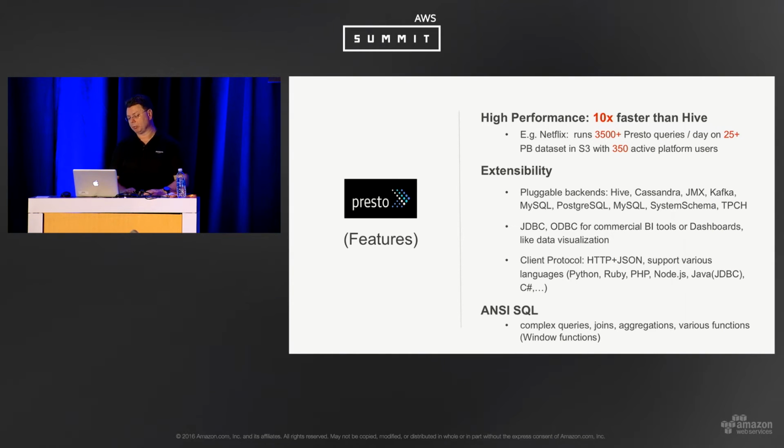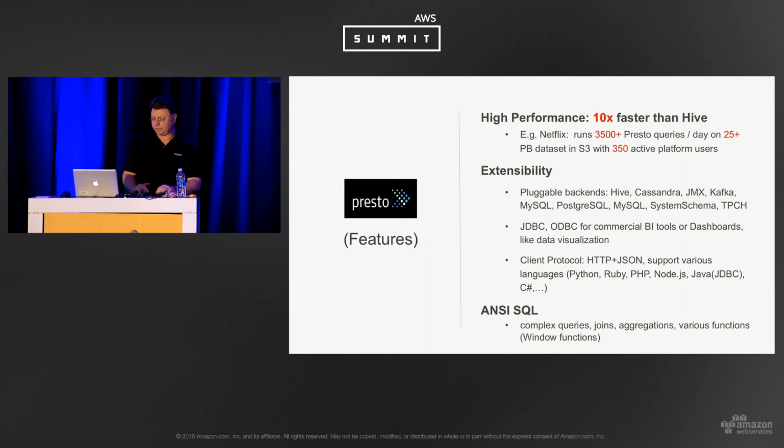It's evolved to support a variety of plugins, different persistence engines listed there. BI tools can interface with it using JDBC and ODBC. And different clients can talk to Presto in a variety of protocols, but particularly HTTP and JSON.